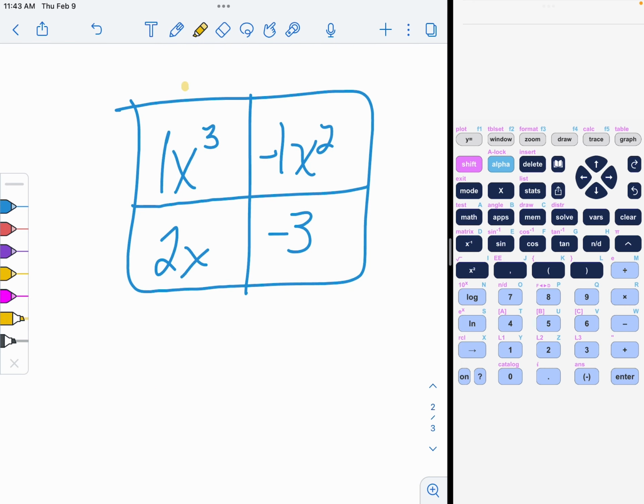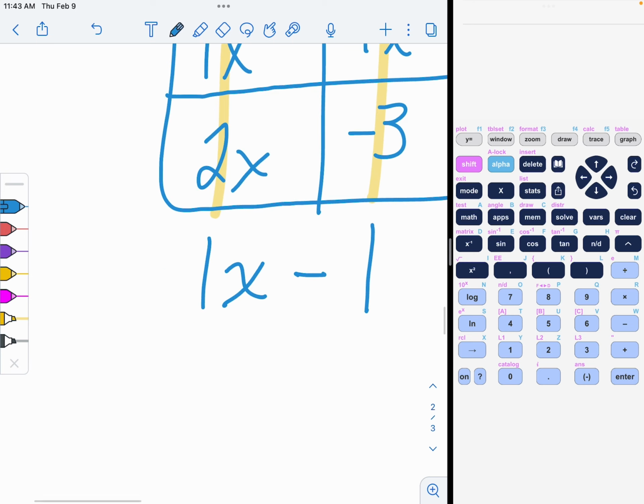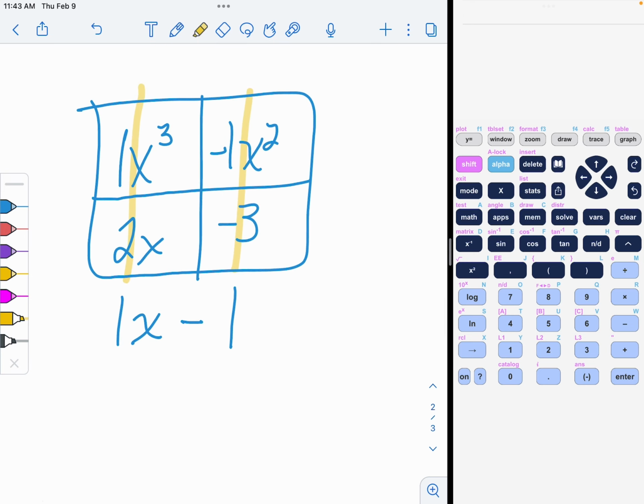Now we have a GCF here of 1 and a single x. A GCF here of 1 with no x's and a minus from the top. We have a GCF here of a 1 and this time an x to the second, because it's the smallest exponent of those two. I'm so sorry. And here we have a GCF of a 1 without an x and a positive from the left.